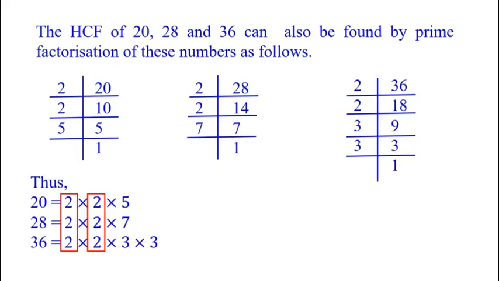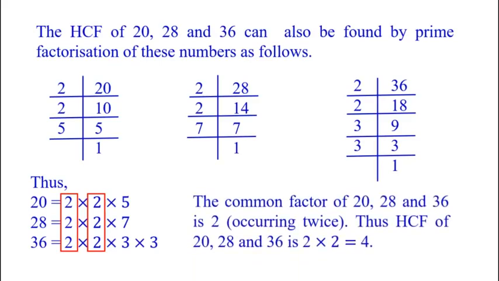Prime factorization of 28 is 2 into 2 into 7. Prime factorization of 36 is 2 into 2 into 3 into 3. So the common factor of 20, 28 and 36 is 2 occurring twice. Thus HCF of 20, 28 and 36 is 2 into 2, that is equal to 4.